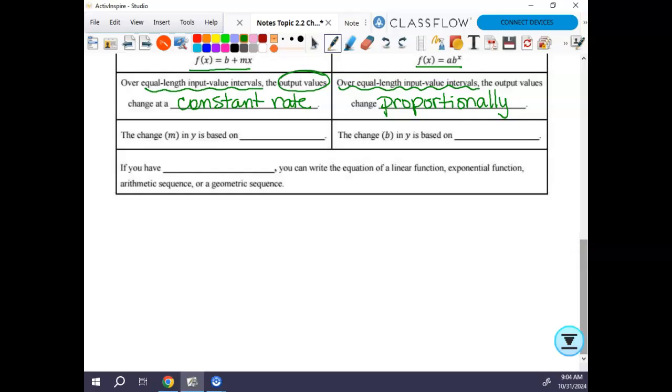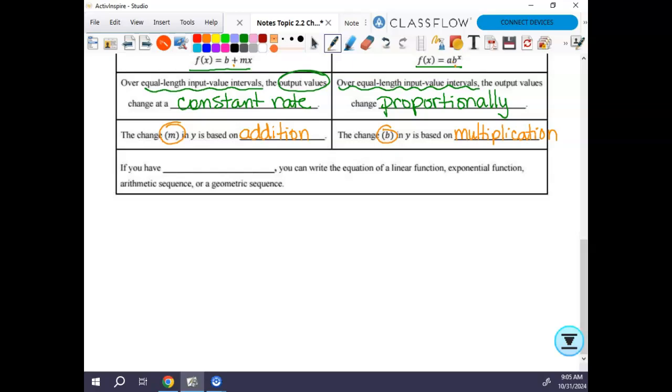All right, so then the change m, which is your slope, the change in y is based on addition, because we're adding. And that's why we have a common difference, because I can add 3 every time, or add 5 every time, or whatever. And then the change b here is based on multiplication, because we are multiplying by the same thing every time.